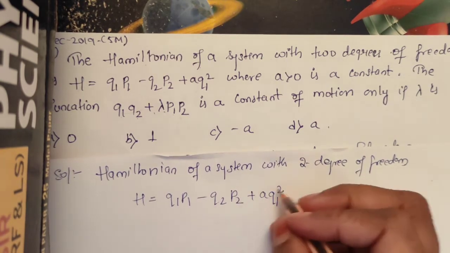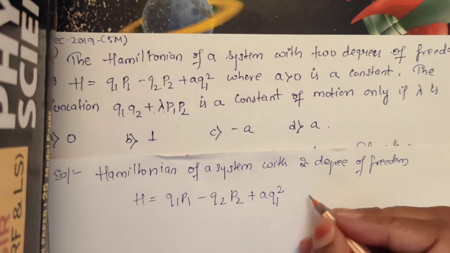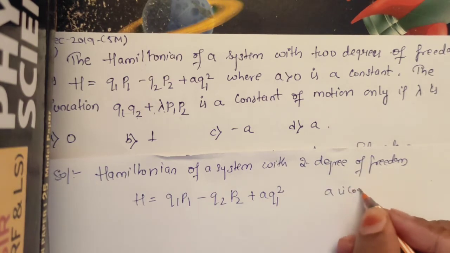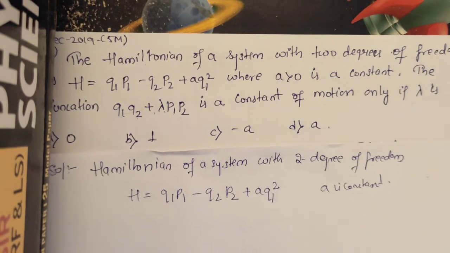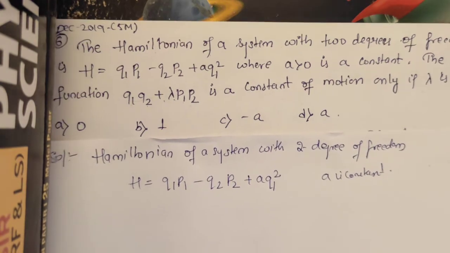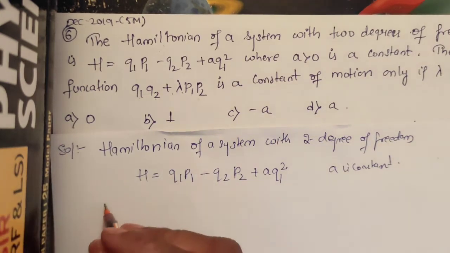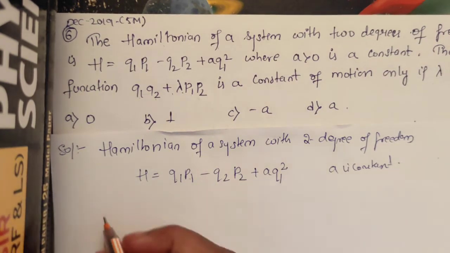This is the equation given for the Hamiltonian, and A is a constant. Now with the help of Hamiltonian equations of motion, we can find the values for Q1 dot and P1 dot. So first find the values for Q1 dot and P1 dot.